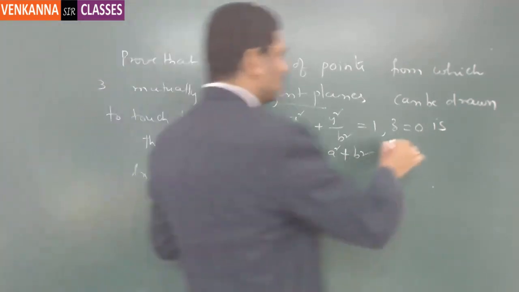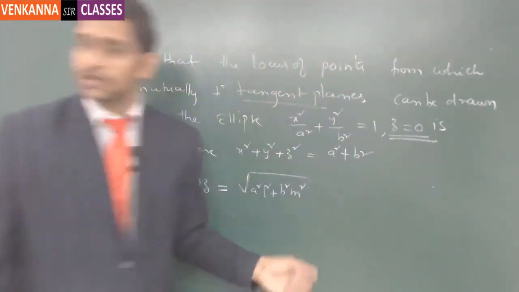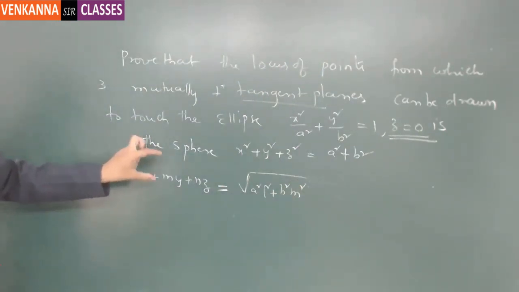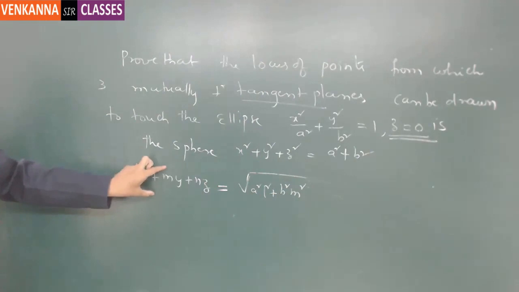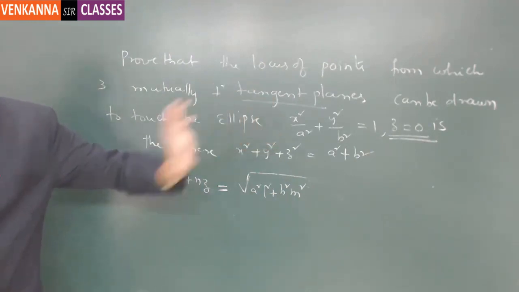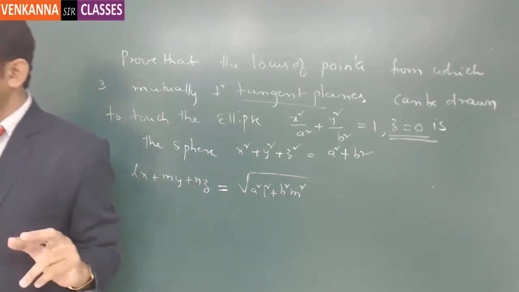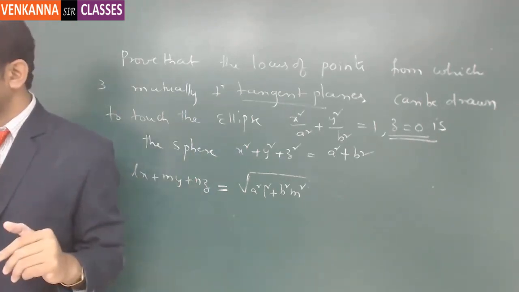Because here z is equal to 0. So you cannot take the third one here. So this is the equation of the tangent plane which will touch the given ellipse. Any questions to anyone? Please tell. Are you getting the idea or not?